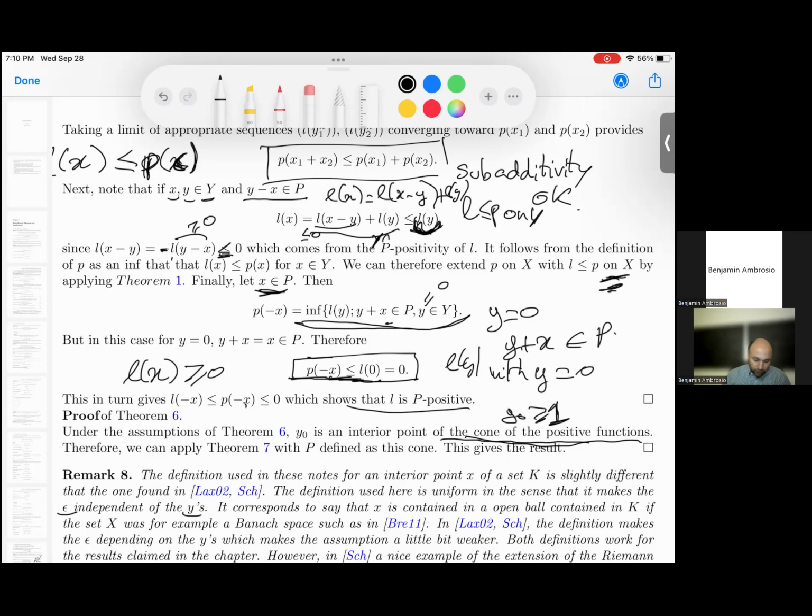But there's a nice example in the reference of Schenker.